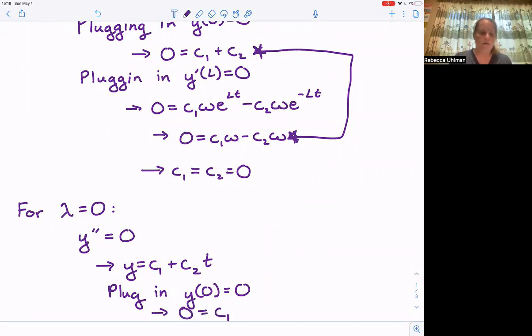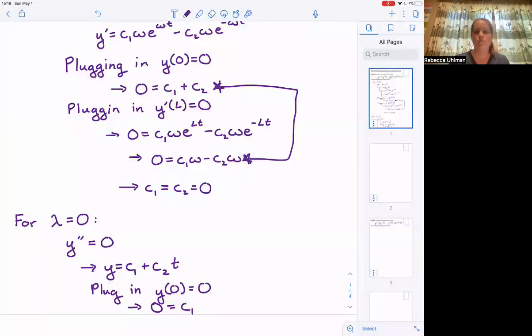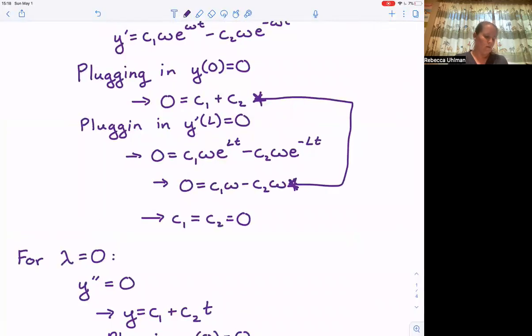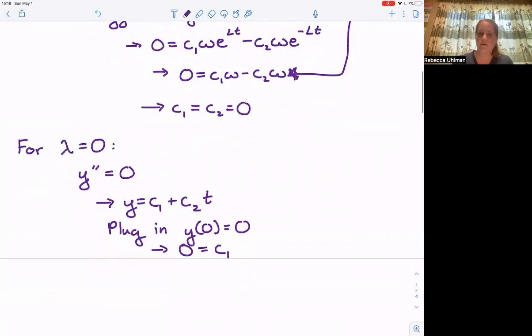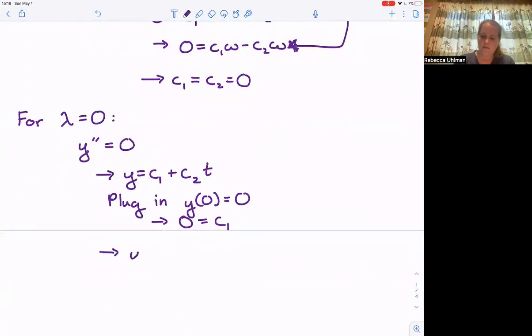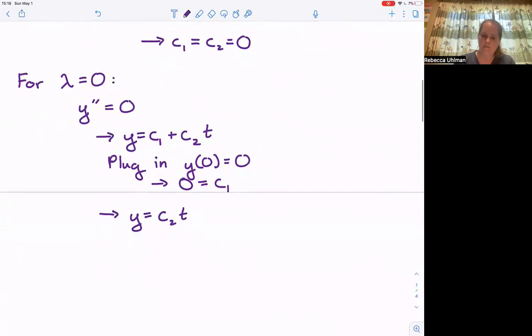Now since C1 is equal to 0, this means that y is simply C2 times t. We have that y prime is simply equal to C2. So if y prime of L is equal to 0, then that means that we have 0 is equal to C2.